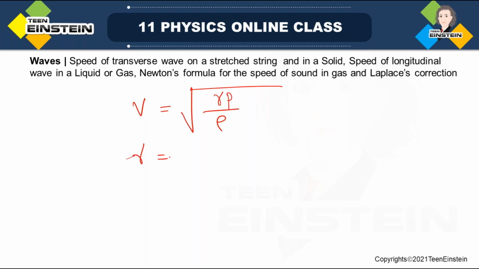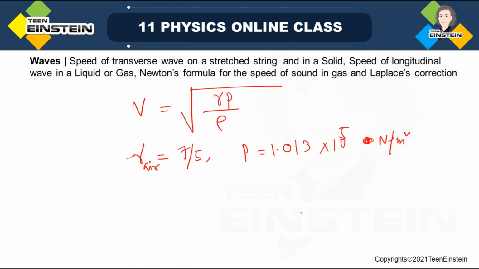Now gamma for air is 7 by 5, and P as usual we can write as 1.013 into 10 to the power 5 Newton per meter square.